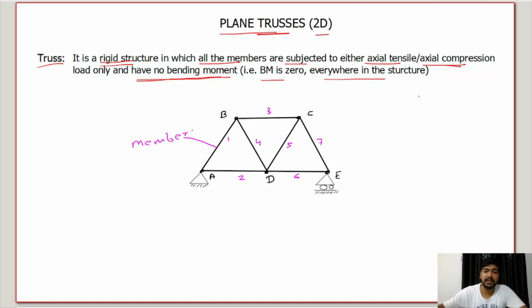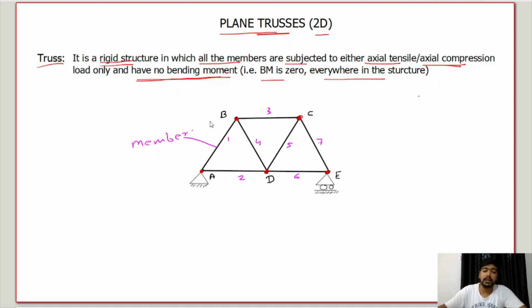Let's see what other things are there. In this truss, the two members are being joined by the pin. This is called the pin joint, or you can say it's a hinge. So any 2 or 3 members which are joined, that joint should be a pin joint or hinge, right?